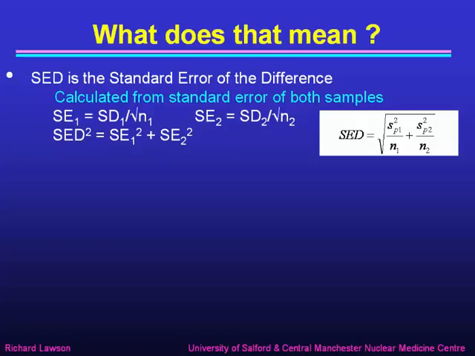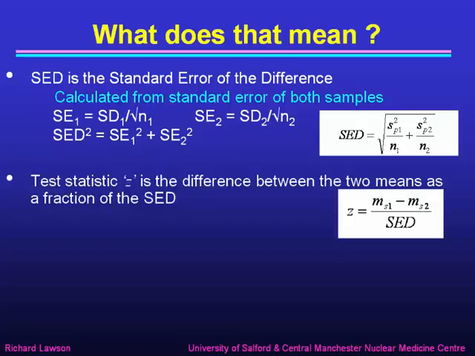And if you put those 2 together, that is why the standard error of the difference is the square root of the standard deviation of population 1 squared divided by n1 plus the standard deviation of population 2 squared divided by n2. So although it looks a bit complicated, it's actually just the same formula as we saw before when we were testing for agreement.